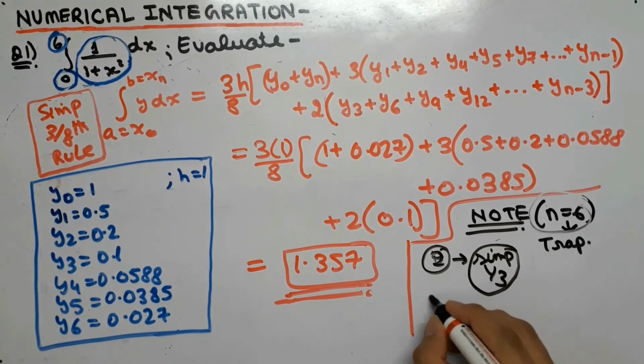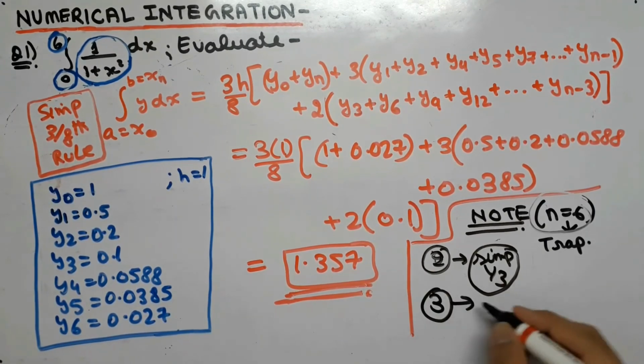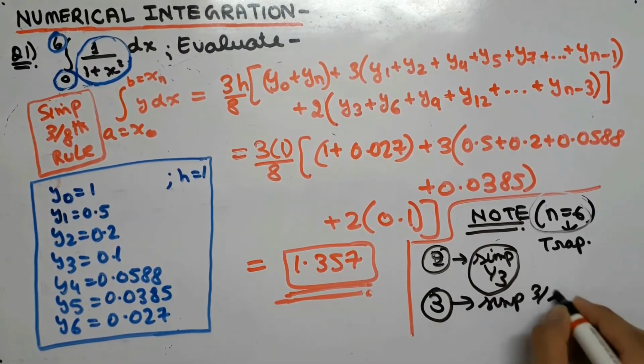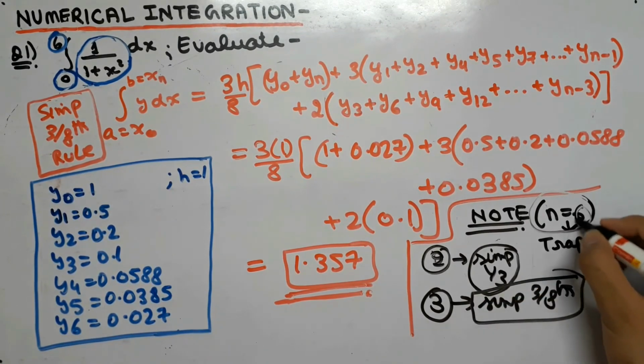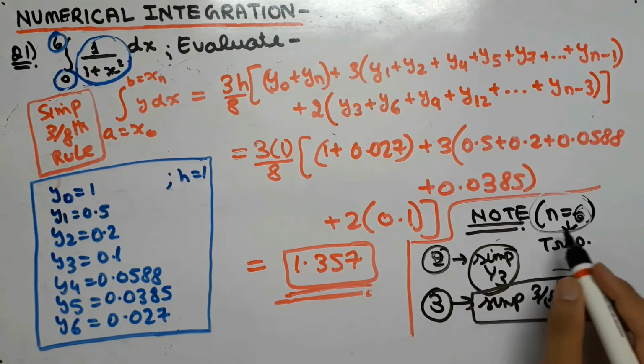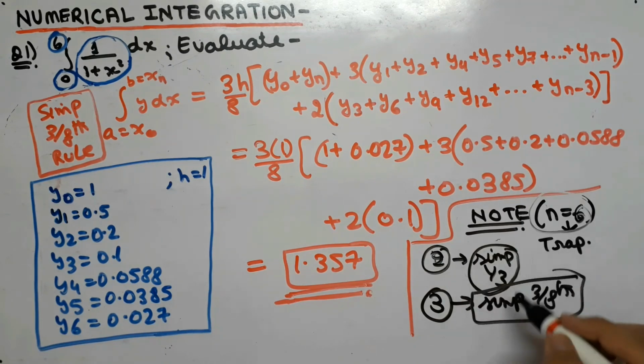And you can also see that this is a multiple of 3, so Simpson's 3/8 rule can also be used. In this question we had a value of n such that it was divisible by 1 as well as 2 and 3, so we were able to use all the three formulas in order to find the integral.